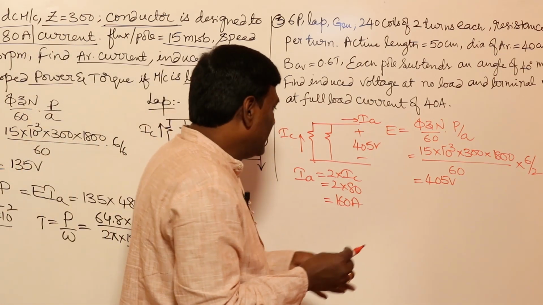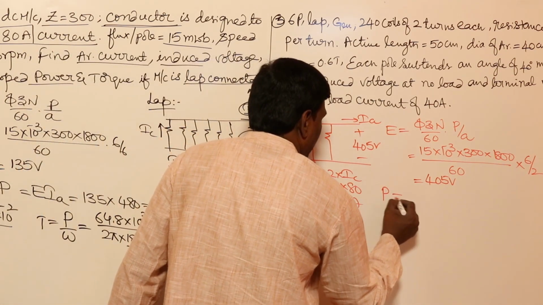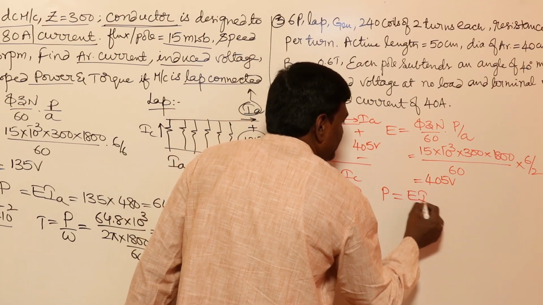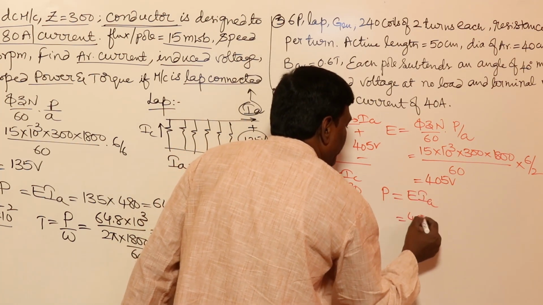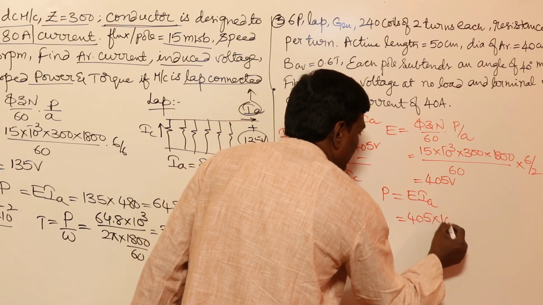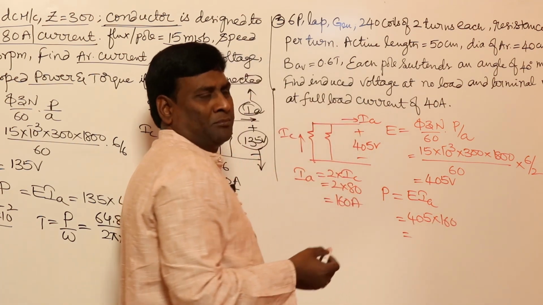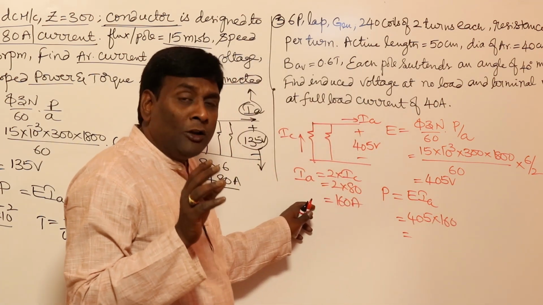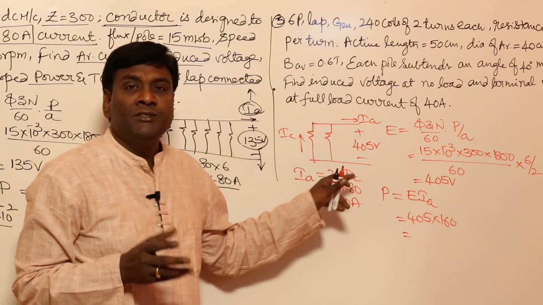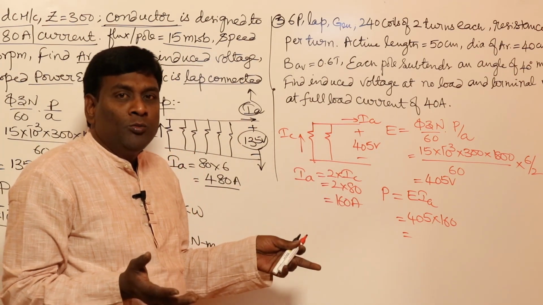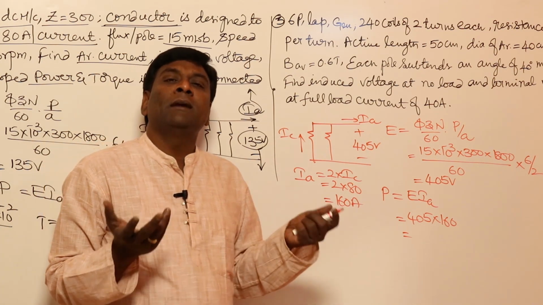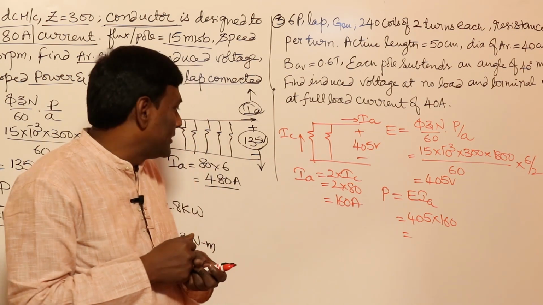That's it. Now if you think of power, power is going to be EIA. So it is going to be 405 into IA, 160, very simple. See, what about the volume of copper you are using in both the machines? Same. So volume of copper is same, which means the power handling capacity should be same. Getting my point, right?